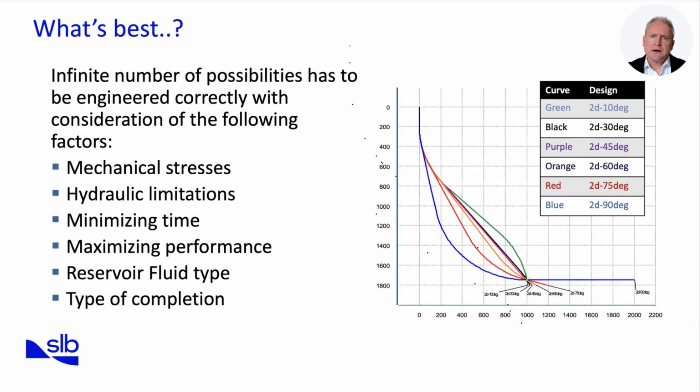When designing a well path, there is no universal solution. Each case must balance multiple engineering and geological factors. Critical considerations include mechanical stresses on the drill string, hydraulic efficiency, minimizing drilling time, and maximizing performance. Reservoir characteristics, fluid type, and completion design also play central roles. For instance, extended reach wells often demand shallow kickoff points and higher tangent inclinations, whereas faulted or unstable formations may dictate conservative build rates.